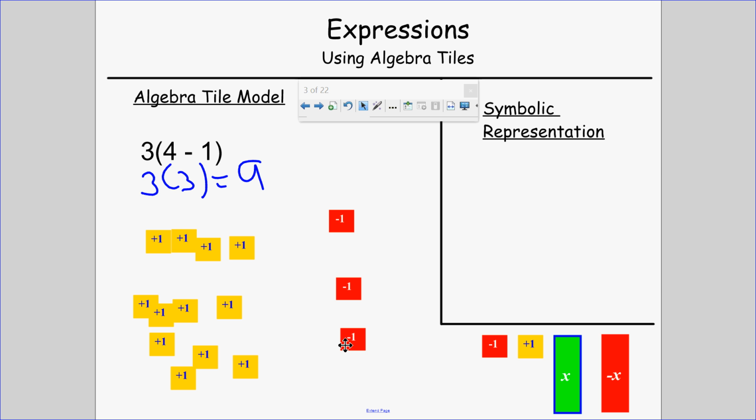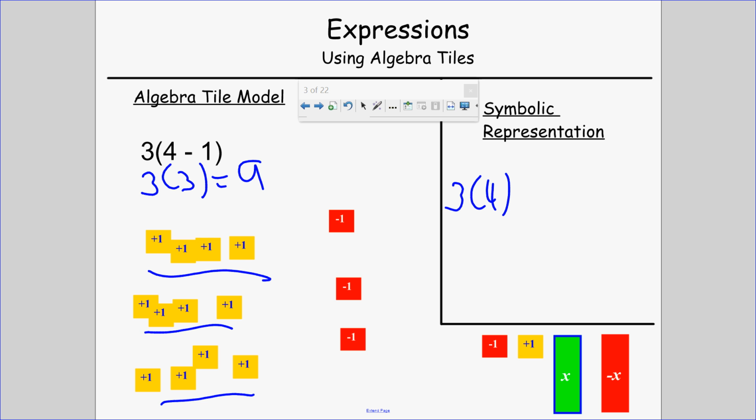So how many groups of 4 do we see here? We see 1 group of 4, 2 groups of 4, 3. So it's 3 groups of 4. And how many groups of minus 1 do you see here? I see 3 groups of minus 1.